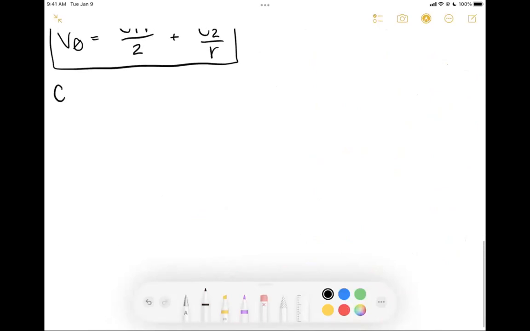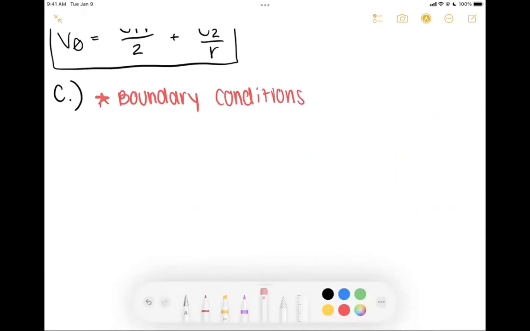Moving on to part C, which is to state the boundary conditions needed to solve for velocity as a function of position with the lubricant. Some of the boundary conditions I mentioned before, but I am going to write them out really quickly. Sorry about my messy handwriting.